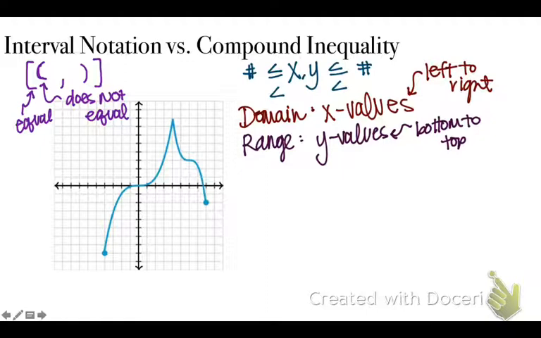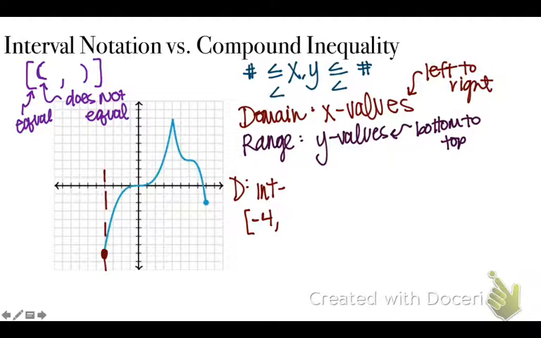Okay, so if we do this, for the domain, the x values, the furthest left this goes is right here, which is a closed circle, so that's going to be 1, 2, 3, 4. So our domain in interval notation is going to start at -4.